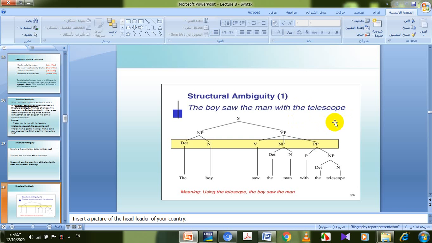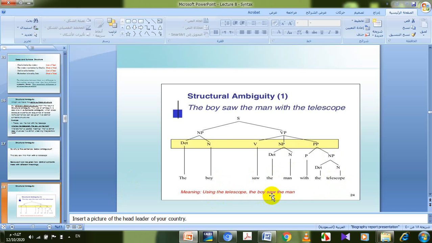So we have a prepositional phrase, which is divided into a preposition, with, and the telescope, which is another noun phrase. This noun phrase is subdivided into determiner, the, and noun, telescope. Okay, this is the first interpretation.